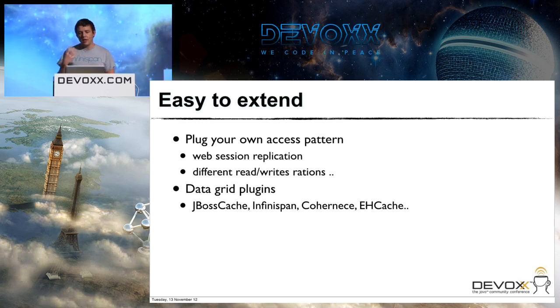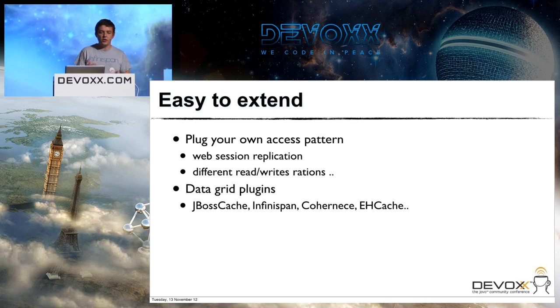So one access pattern we emulated through Radargun is web session replication. We have other access patterns, like do 50% reads, 50% writes, just to get an idea. But the good thing is you can easily plug in your own access pattern. There is an interface you extend and just access and stress the grid the way your application would.